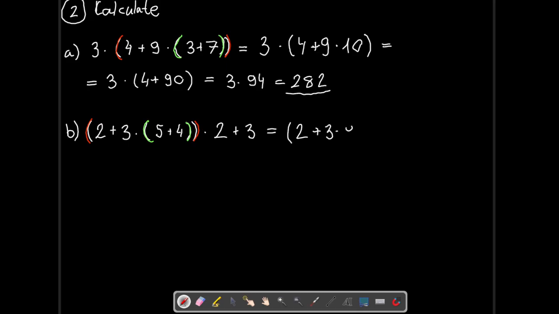3 times 9 times 2 plus 3. Good. Now inside the brackets we're left with addition and multiplication. We need to solve multiplication first. So after multiplying 3 and 9, we get 27.